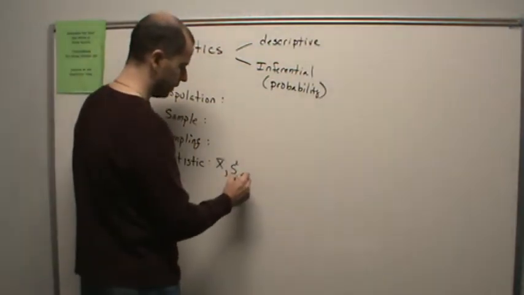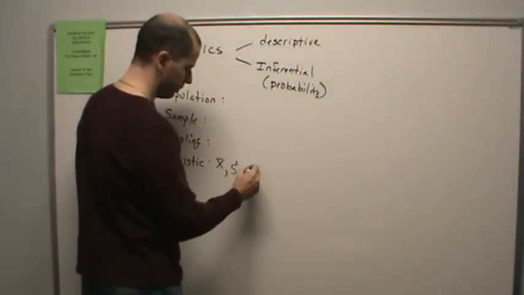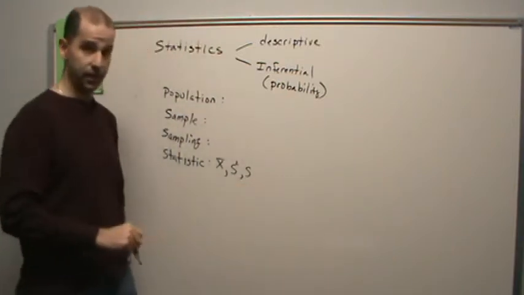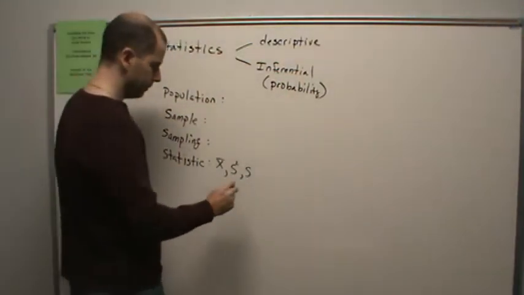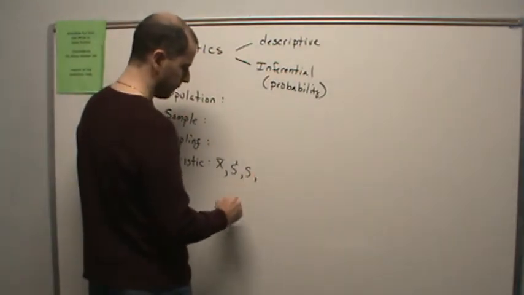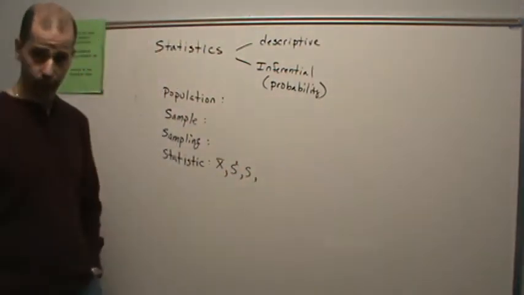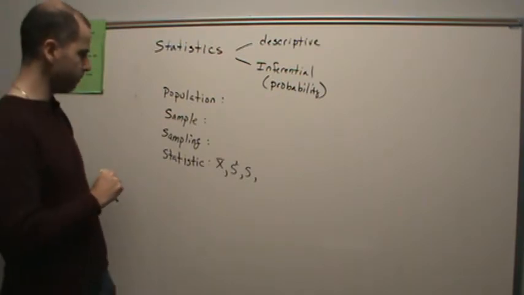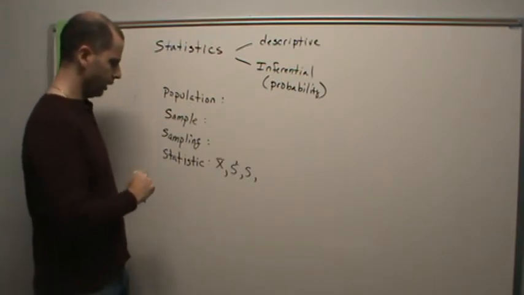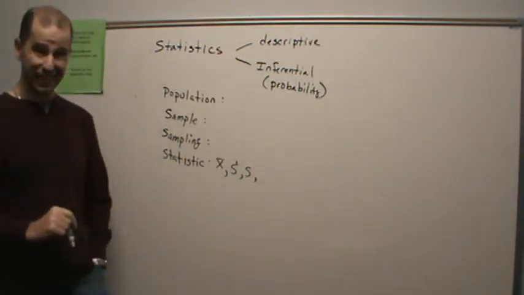The sample standard deviation is just the square root of the variance, which is just S. And then the sample median is just MED. It really doesn't have a distinction. But these are the main ones that we're going to use for the statistics.